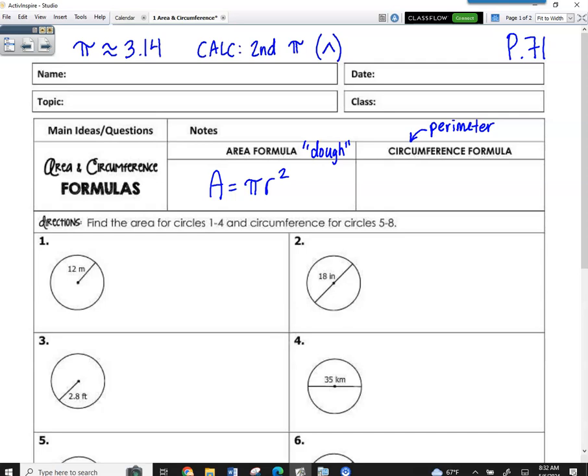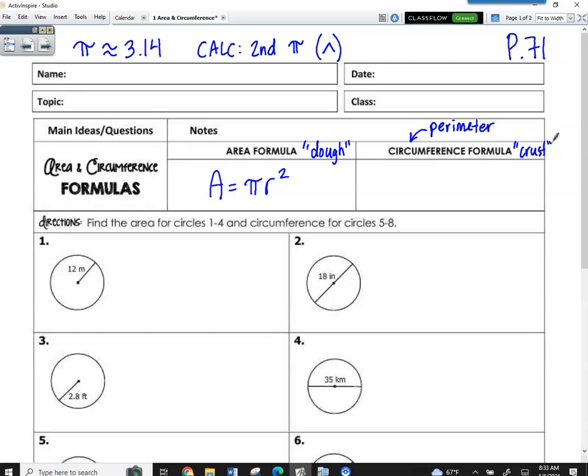What part of pizza would refer to perimeter? Distance around. Crust. I want you to write crust right here to help you visualize. Okay, so area is like how much dough do I need total, and then circumference means like how much crust is there total. Okay, big difference between the two.